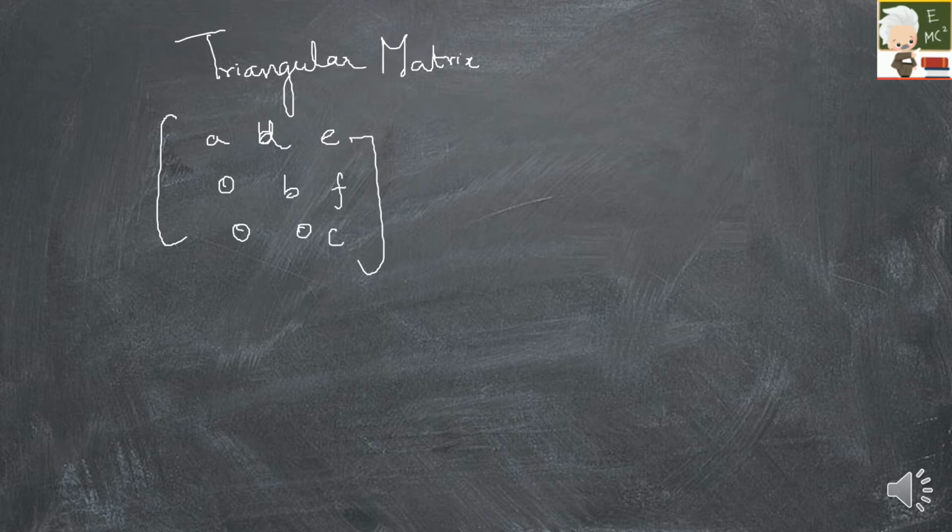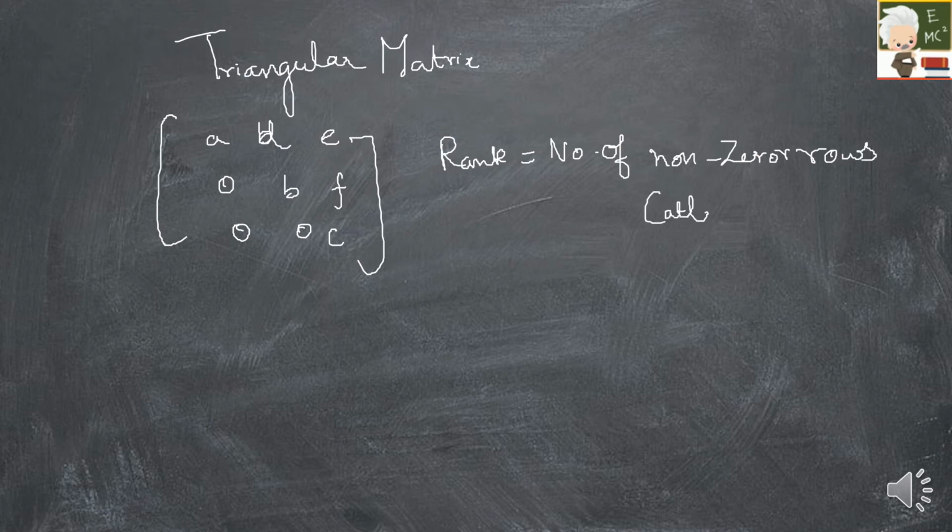If you have a triangular matrix, then rank is equal to the number of non-zero rows. So there should be at least one non-zero element in the row.